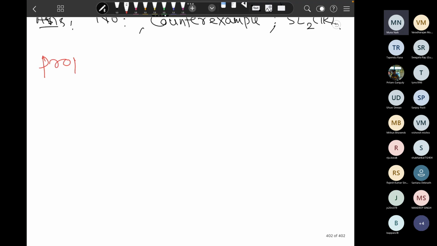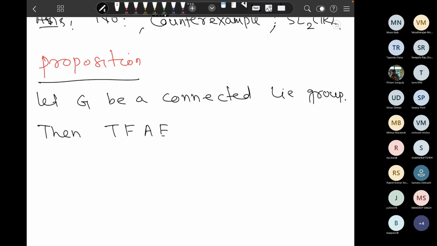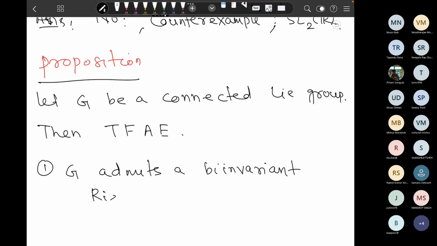Now, proposition. Let G be a connected Lie group. Then the following are equivalent. A: G admits a bi-invariant Riemannian metric on it.